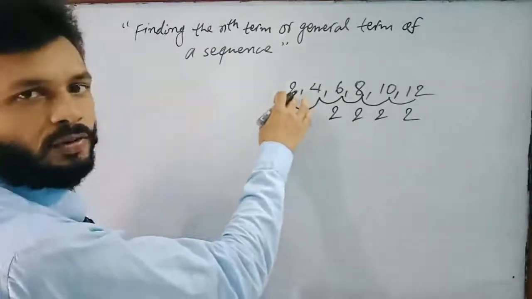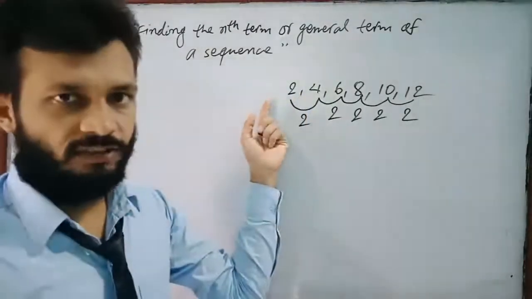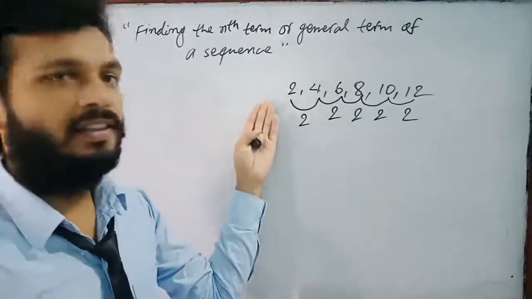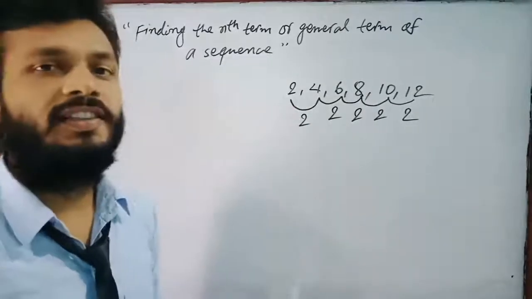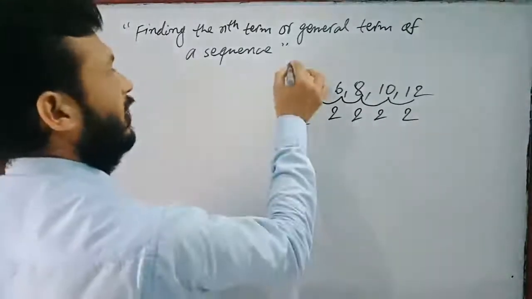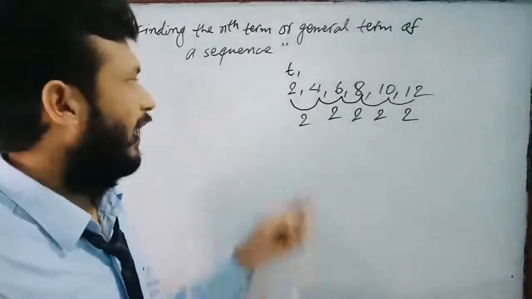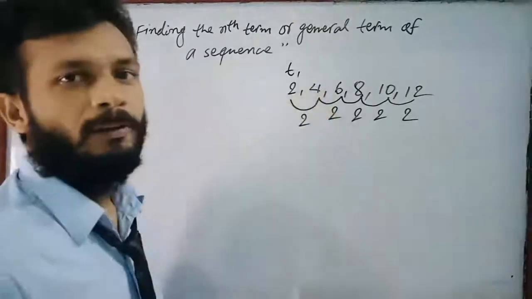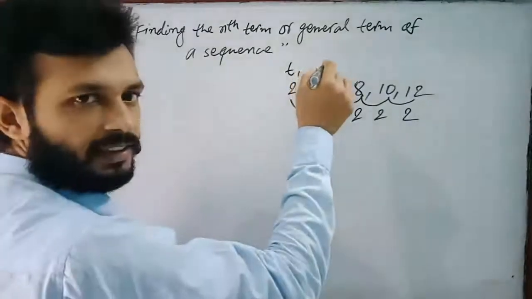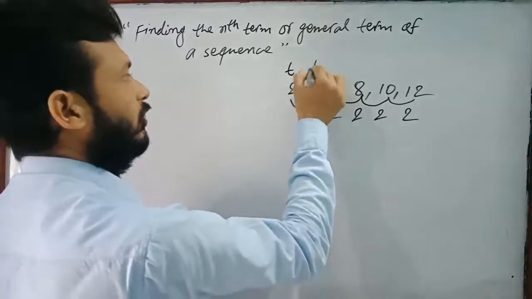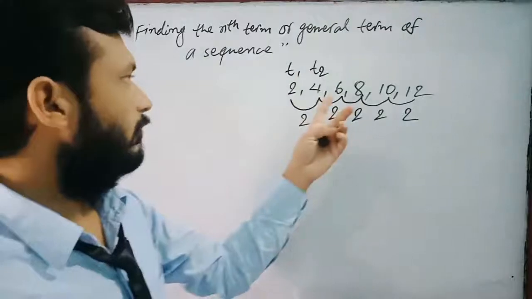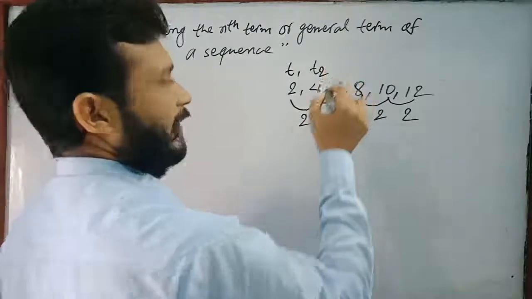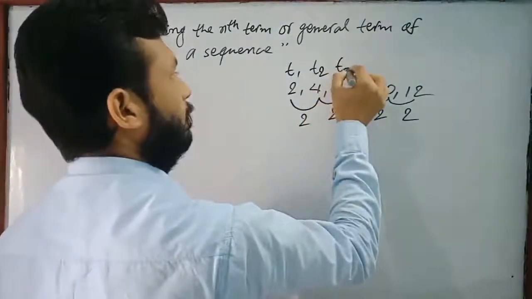Okay, which term is it? 2 is at the first place, so 2 is the first term. First term is denoted by T1. And 4 is at second place, so 4 is called the second term, denoted by T2. Then 6 is at third place, so 6 is denoted by T3.